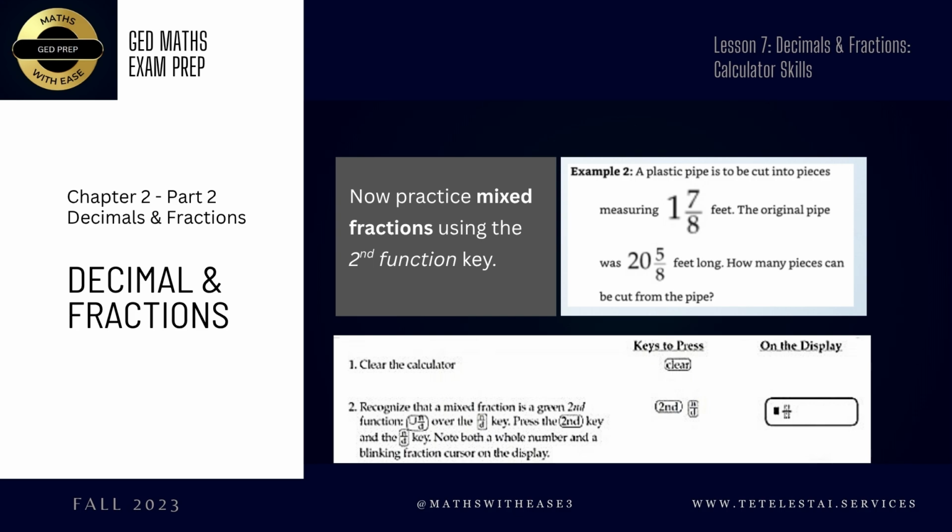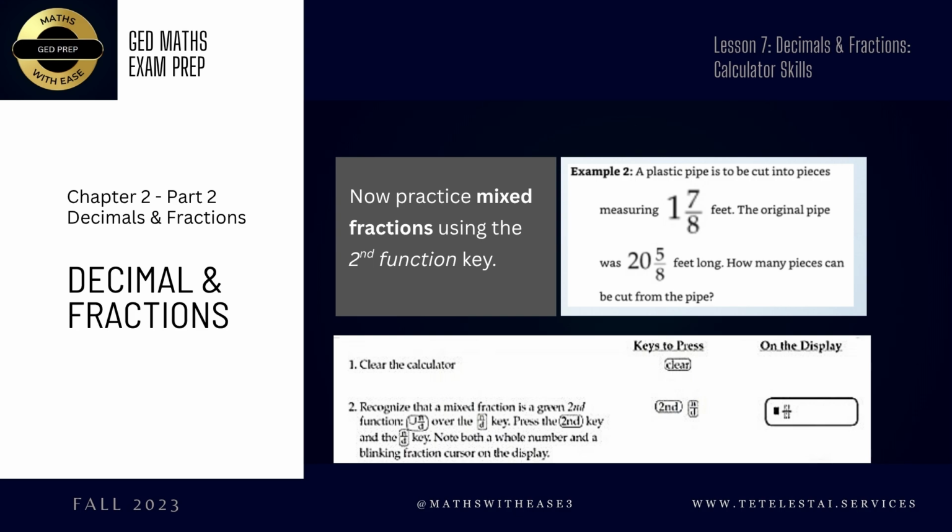And then press the fraction key, because the mixed fraction operation is right above the fraction key. So we press the second function key, then the fraction key to take us into the mixed operation zone. And then once we're in your mixed operation, the formula will display on the left-hand side of your screen.